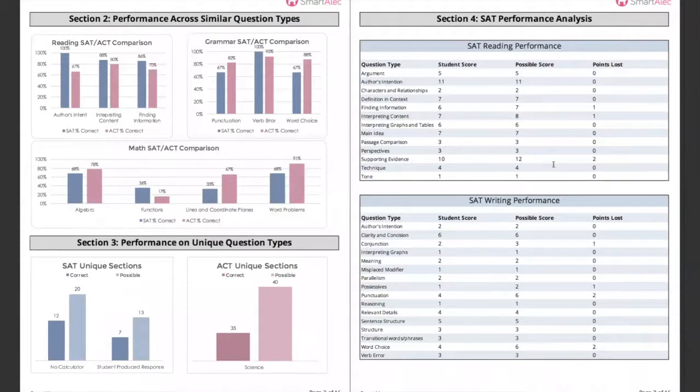These are the questions where they're asking you to identify supporting evidence for the answer you chose in the previous question. And I think that students do struggle with these questions often. So that's definitely an area that they're going to need some work. And then we can see punctuation was an area where they were struggling, and word choice. So it gives you a really nice overview of what you might need to work on with them.